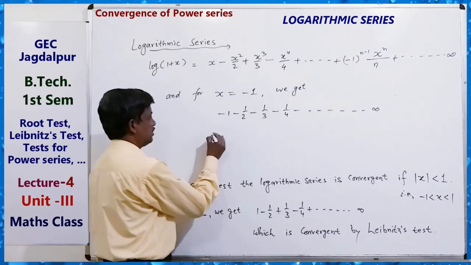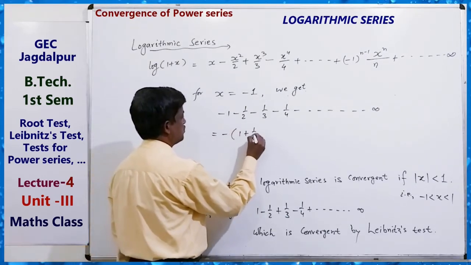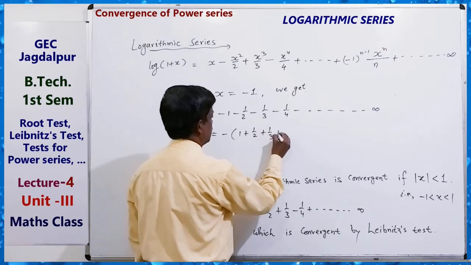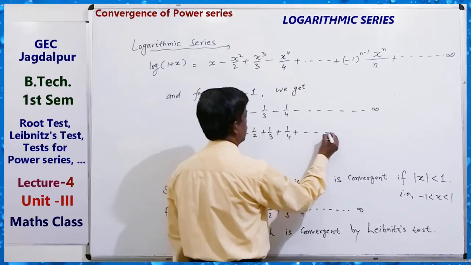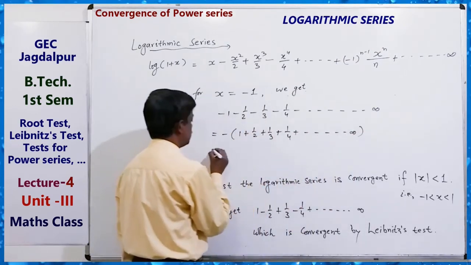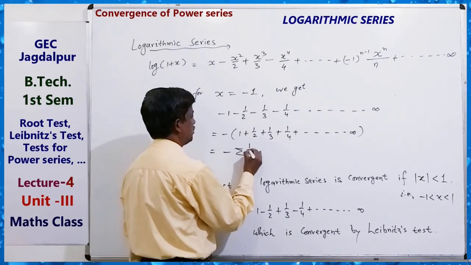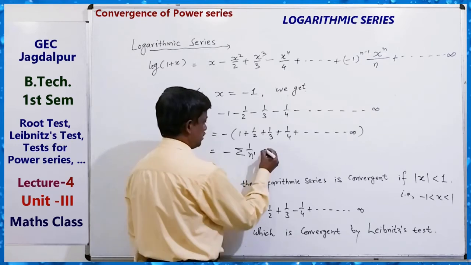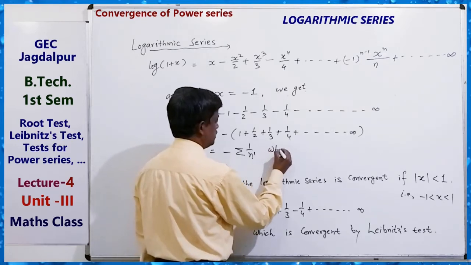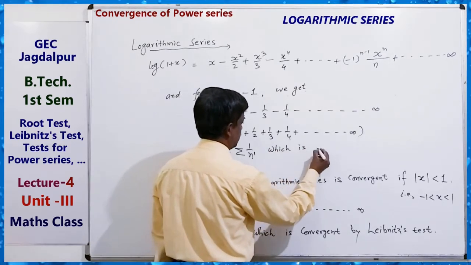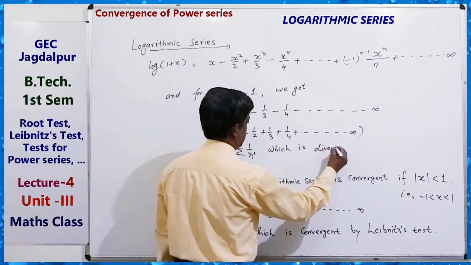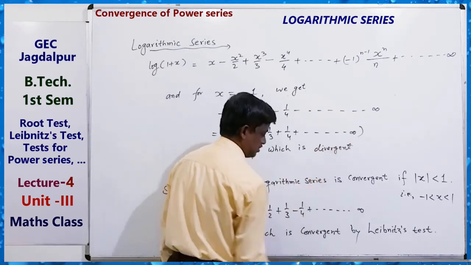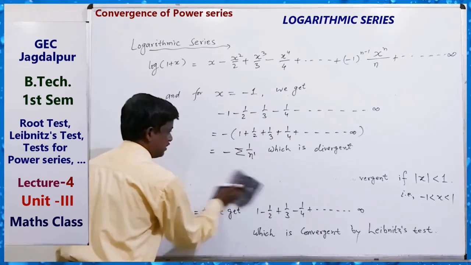That is what? Minus 1 plus 2 minus sum of 1 by n to the power 1, which is a divergent series.